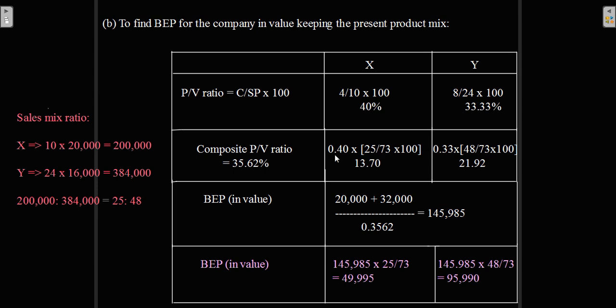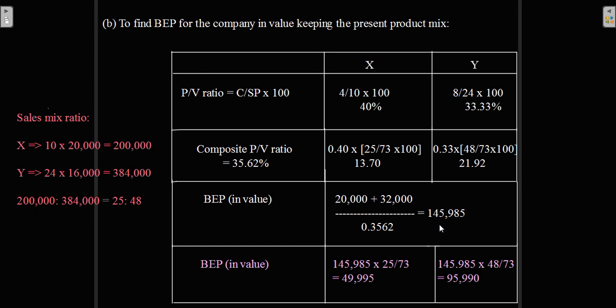If you add this, you will get 73. So the PV ratio into 25, that is your X, divided by the total of 25 plus 48, which is 73, into 100. By adding these two answers, you will get the composite PV ratio. Once you've got the composite PV ratio, then you can find the BEP in value. So fixed cost of component X plus component Y, 20,000 plus 32,000, you get 52,000, divided by the composite PV ratio.